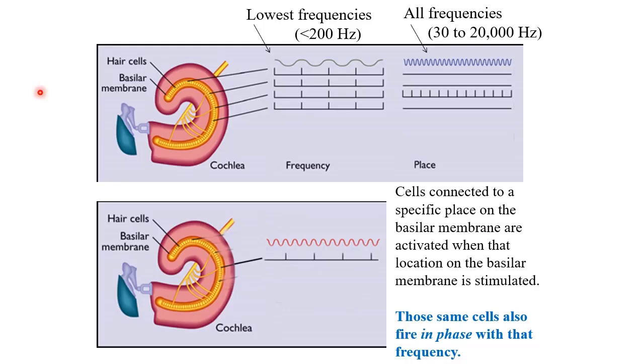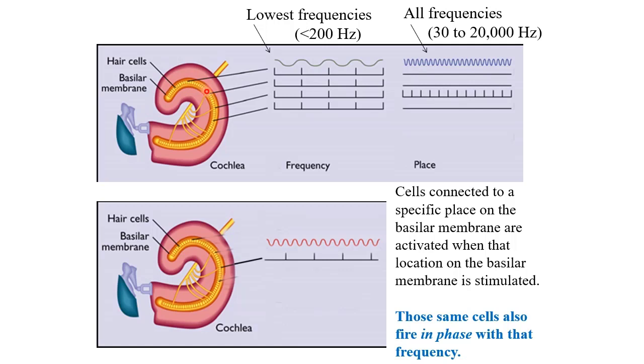So let's now take a look at these two ideas again of a rate coding versus a place coding with a picture in front of us. The lowest frequencies of sound are represented by recruiting more neurons towards this apical end of the basilar membrane.